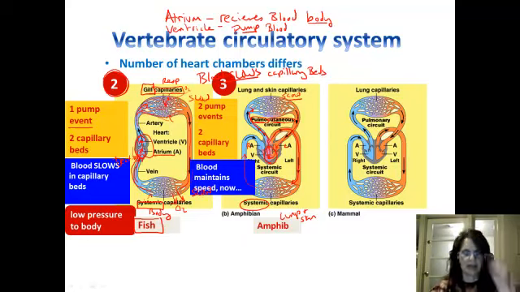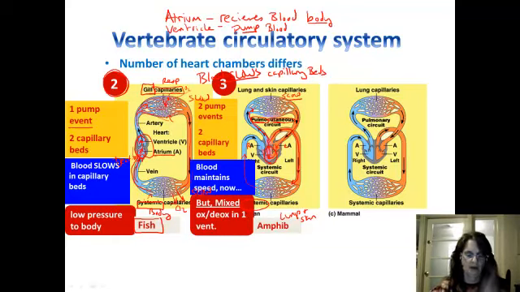The blood is able to maintain its speed through these capillary beds because we got that extra pumping event. Okay, but our drawback is that it's mixed. We have the oxygenated and deoxygenated in one ventricle. In some reptiles there is almost a separation in that ventricle, but it's not quite complete. And I believe in crocodiles and alligators the separation is almost complete, not quite.